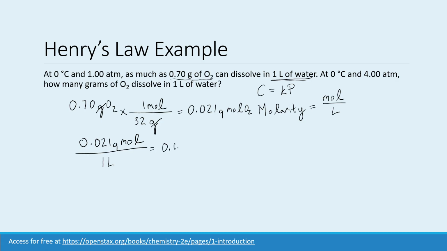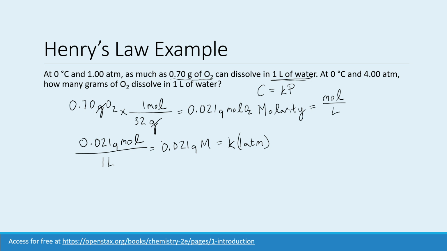And so that gives us back the 0.0219 molarity for the concentration of O2, and that is at a temperature of 0 degrees Celsius and a pressure of 1 atmosphere. So we now have the solubility in concentration units, and we also know the pressure when we have that concentration. So that molarity will be equal to our Henry's law constant K, which we don't know yet, times the partial pressure, which we will assume the pressure to be 1 atmosphere.